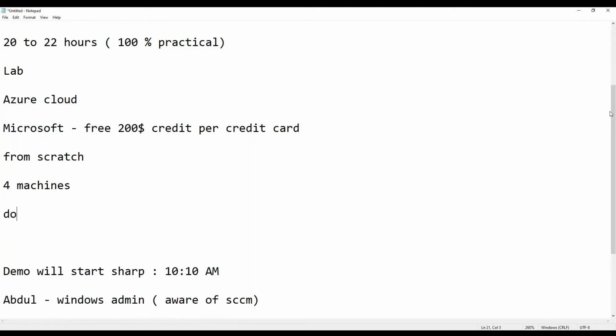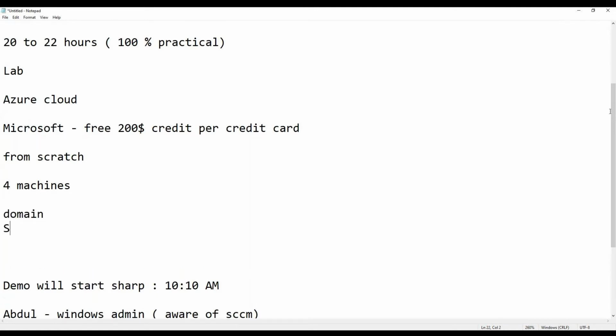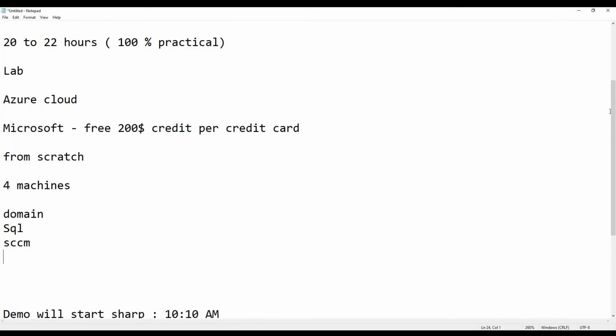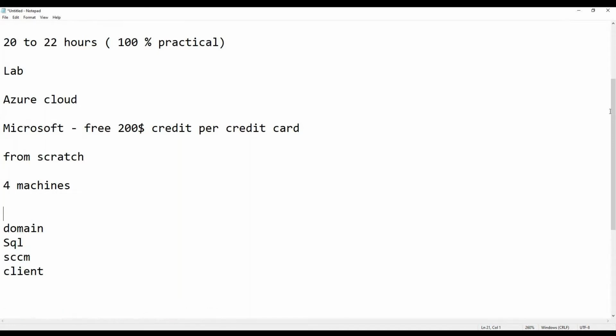We will first build a domain. Next, we'll build a SQL. After that, we'll build the SCCM. Then we'll do the client. I'll try to cover production-based scenarios so that you are able to replicate the same things in your environment.